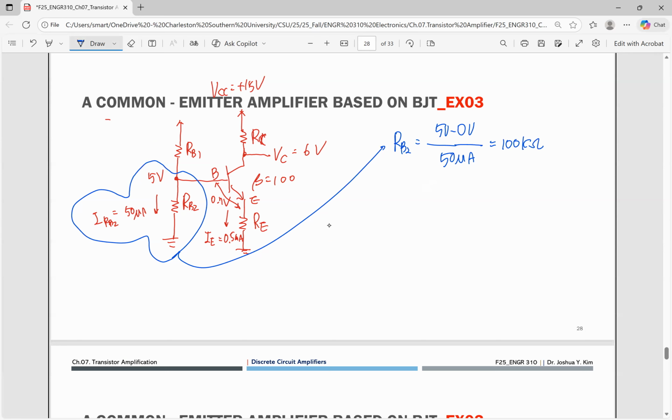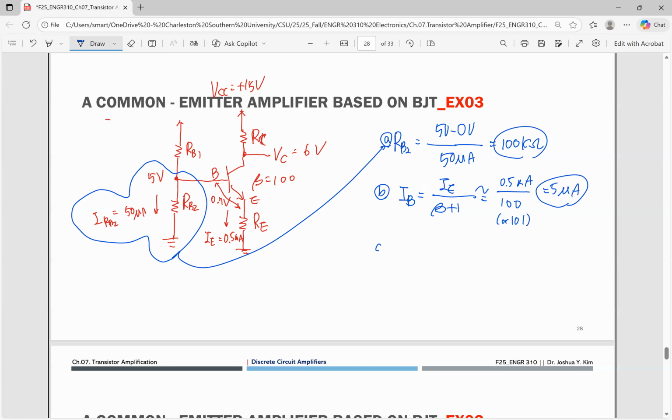And then the base current is I sub B. We learned the formula before in the long slide in chapter 5. So I sub E over here is actually 101, or sometimes 100, it doesn't matter, 0.5 milliamp. So 5 microamp here.